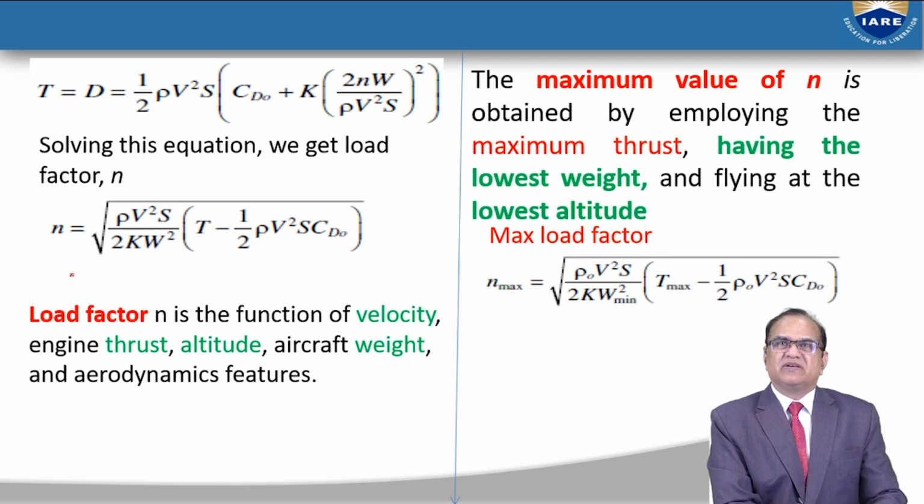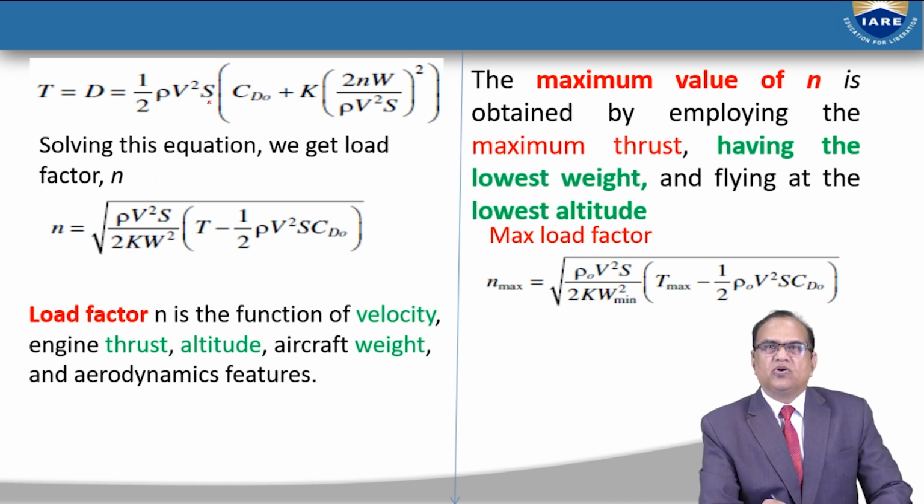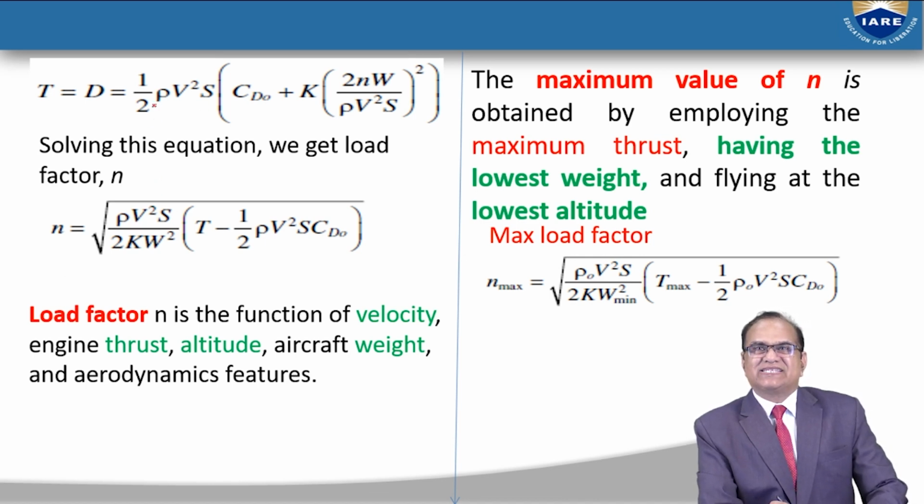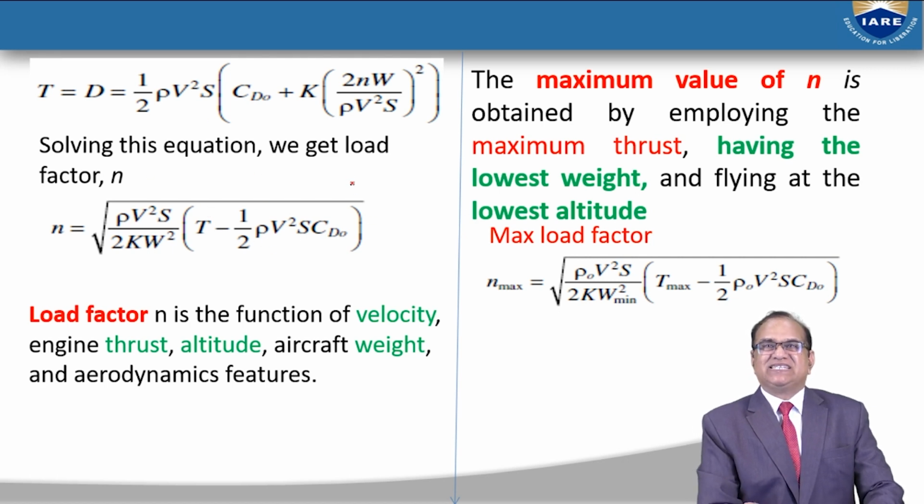So N is equal to the square root of rho V square S by 2 K W square, times T minus half rho V square S CD naught.